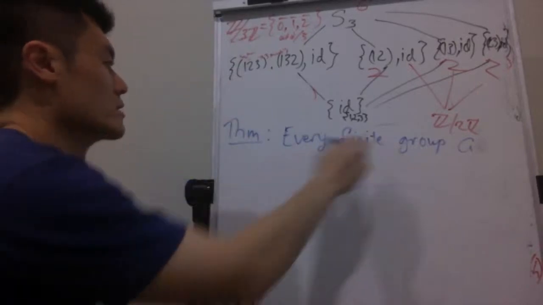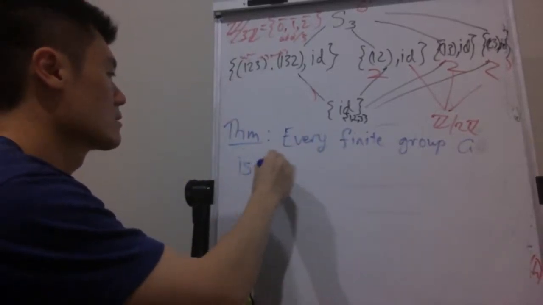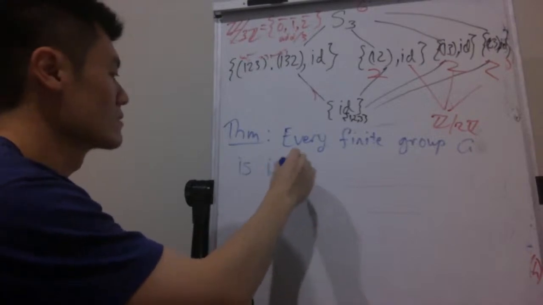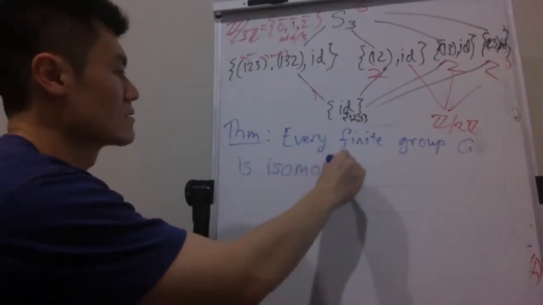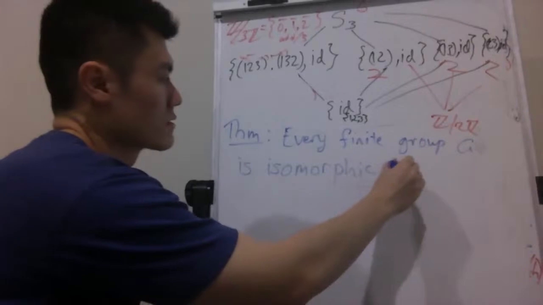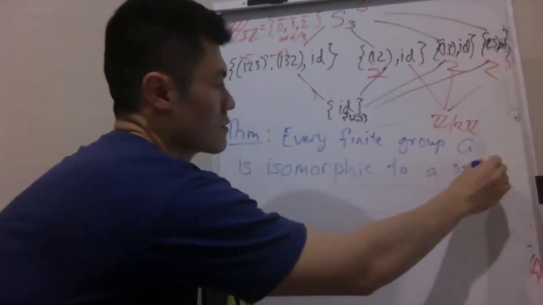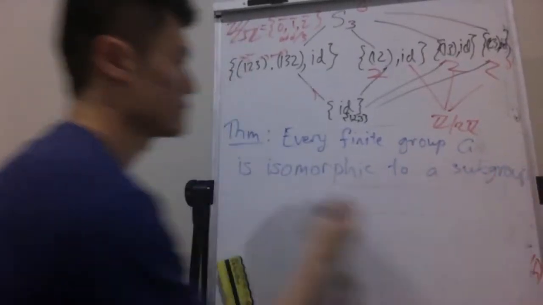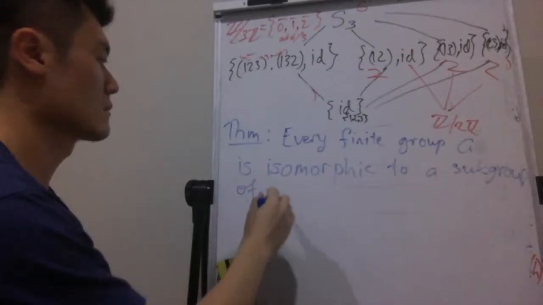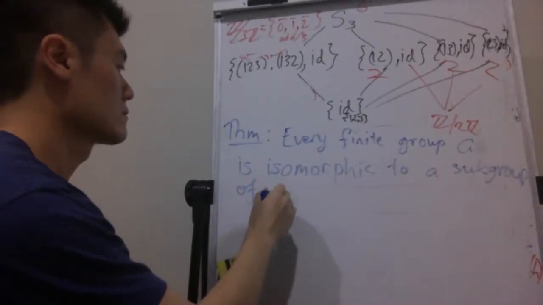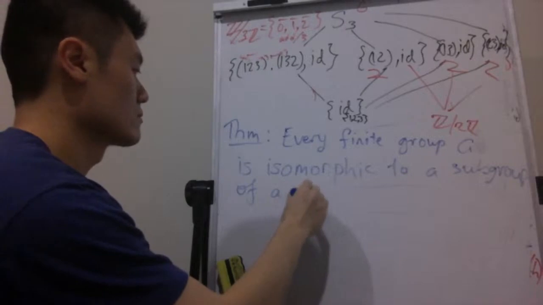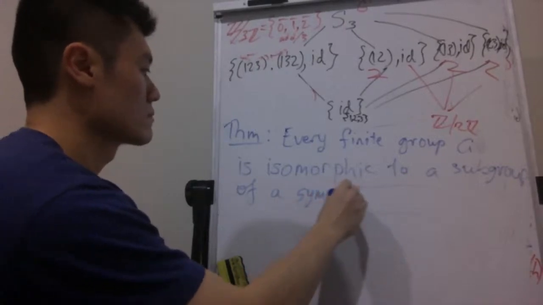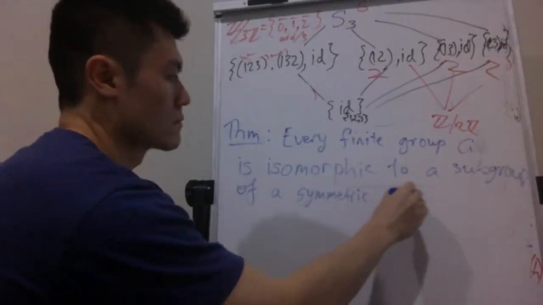Every finite group G is isomorphic to a subgroup of a symmetric group. Right. What does that mean?